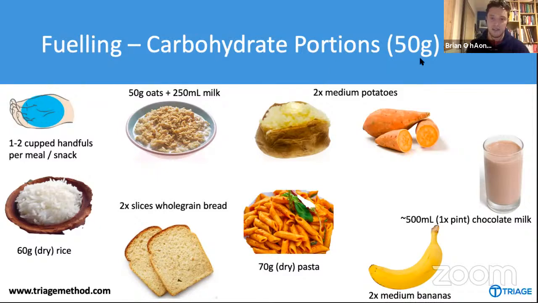And then you can see these are all servings of these foods that provide 50 grams of carbohydrates. So you've got 50 grams of oats plus about a cup of milk, a couple of medium-sized potatoes, 60 grams of dry rice, 2 bananas, a pint of chocolate milk, pasta, and a couple of slices of bread will usually do it.